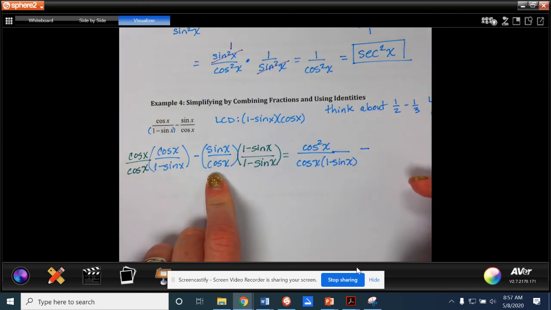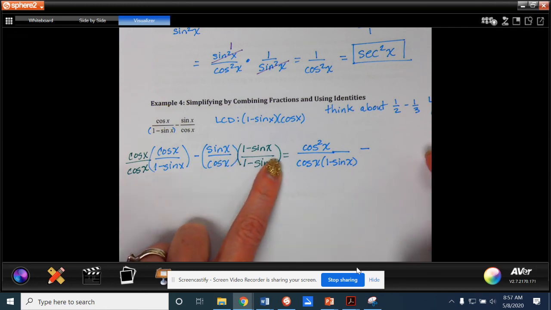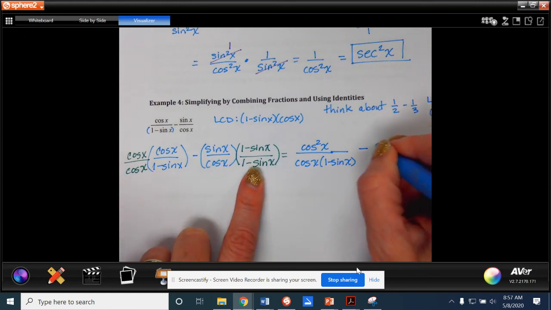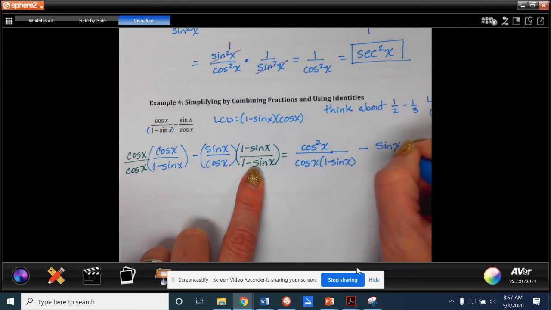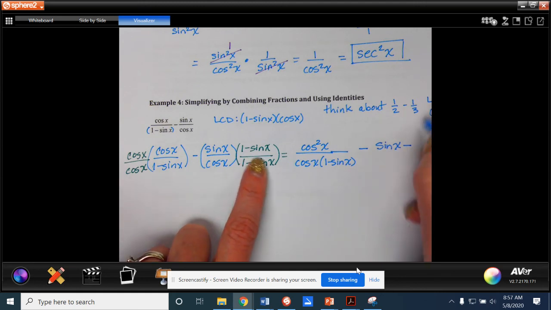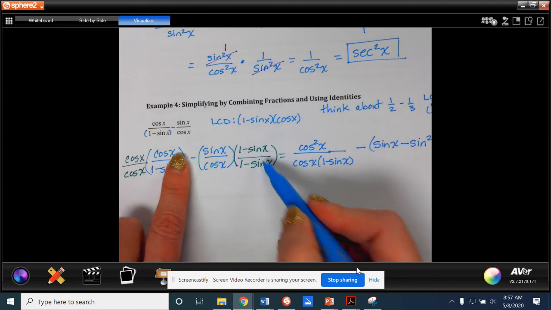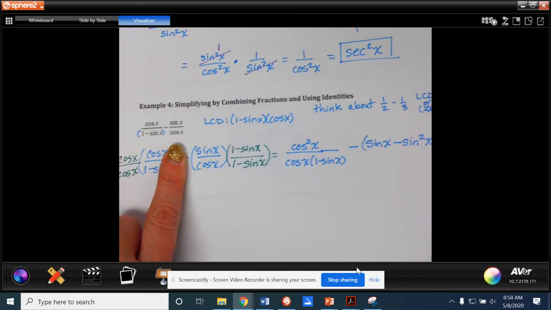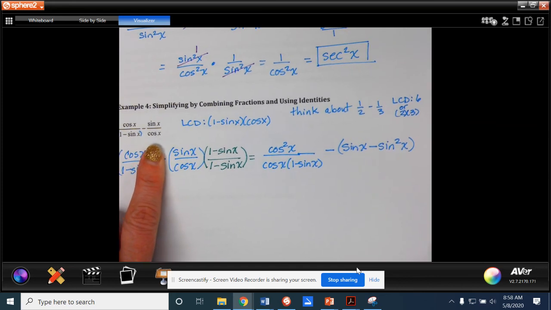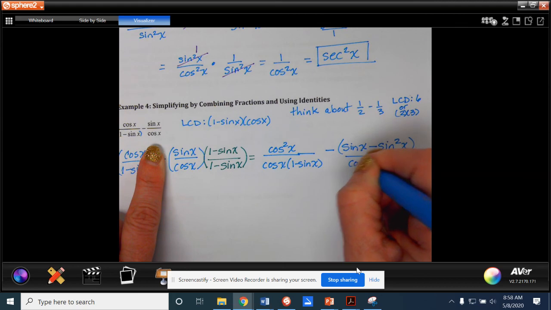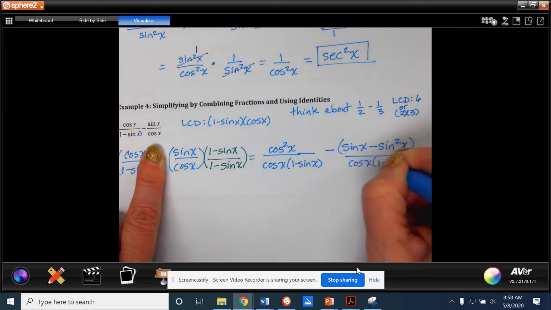So use the distributive property and multiply it out. And I have sine x minus sine squared x. Remember, this is just multiplying this piece, not including the negative. I have not distributed the negative through it yet. All over cosine x times 1 minus sine x.